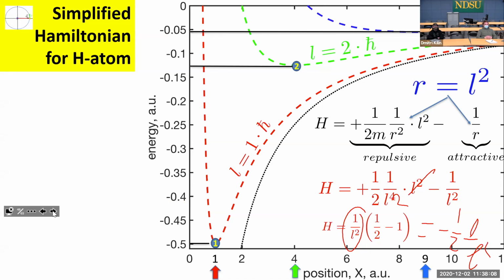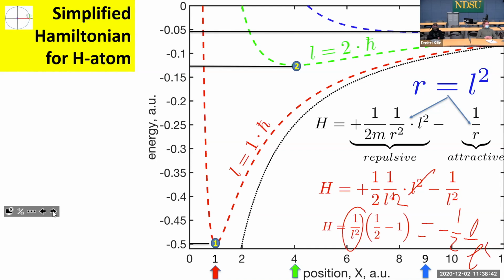So let's plug these values of radius into the expression for total energy. The angular momentum squared cancels here, leaving only L squared for the repulsive and attractive terms. And then this minus stays here.